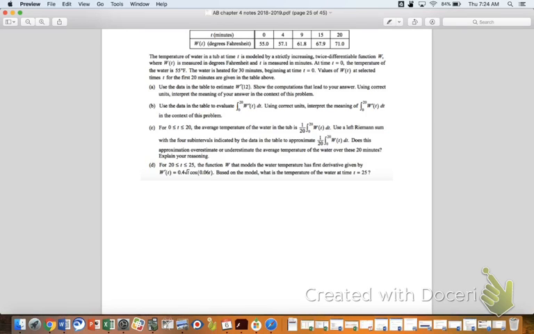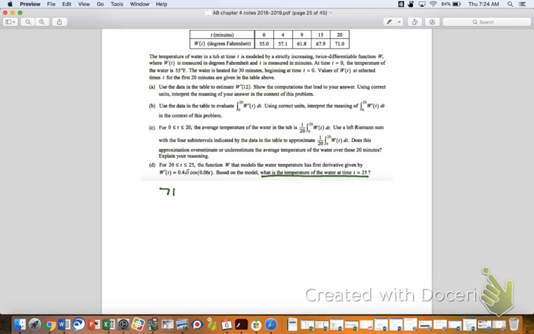So this is a net change situation. They're asking, what is the temperature of the water at time t equals 25? Well, we know what the temperature of the water is at t equals 20. We don't directly know how much the temperature has changed, and so I'm going to write it out like this. I know that when t equals 20, the temperature is 71.